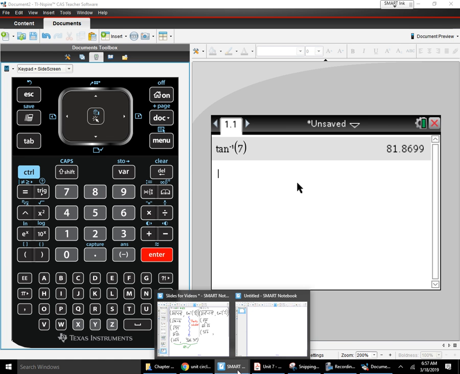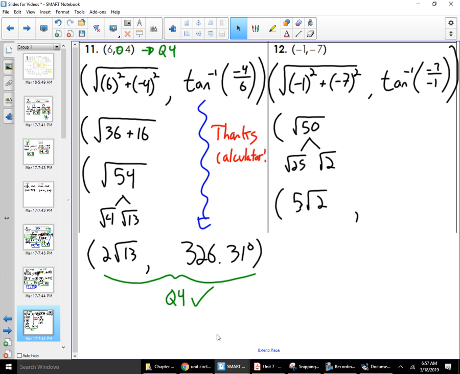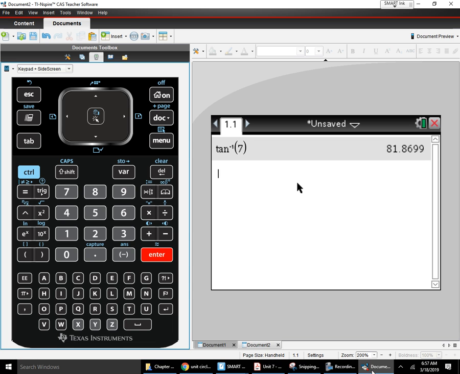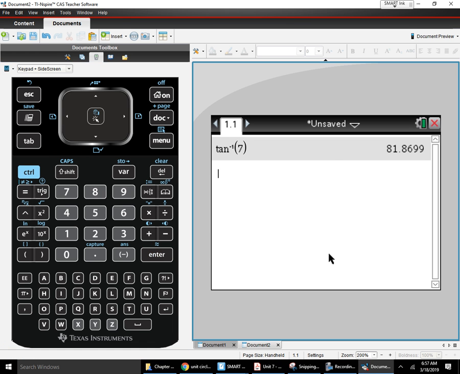Jumping back to our original point, 12 there, that is a quadrant 3 angle. That's a quadrant 3 angle because both of these are negative. So we want to make sure that we're getting back a quadrant 3 angle. You think about 81 degrees there. Oh, apparently I can't draw on this.